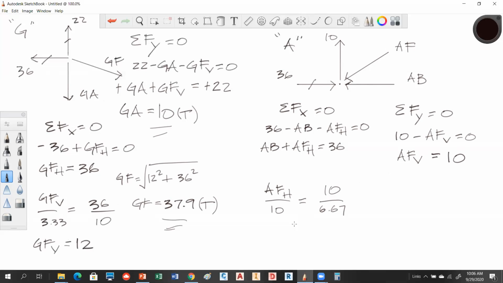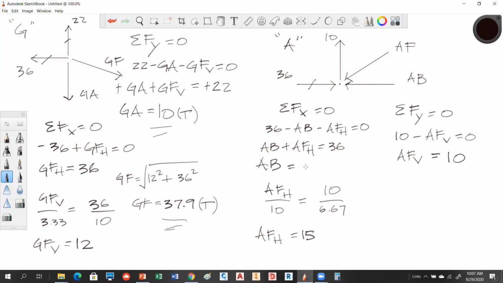For AFH, we get 100 divided by 6.67, basically 15. Remember, there's a little bit of rounding kicking around in here. When we plug the 15 in here, it'll solve AB.